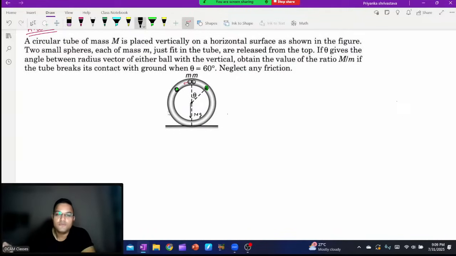There should be a force on the tube acting upwards, greater than Mg. Then only the liftoff can take place. But how will that force come? Just think for some time. If you are not getting any idea, I'll tell you how that force will arise.